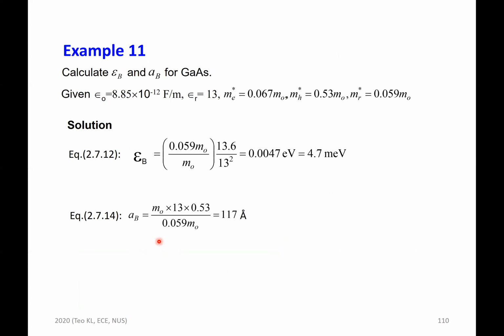So using those two formulas, we can calculate the Bohr radius and the binding energy of gallium arsenide, given the dielectric constant, the electron effective mass, hole effective mass, and the reduced mass, using equations 2.7.12 and 2.7.14.